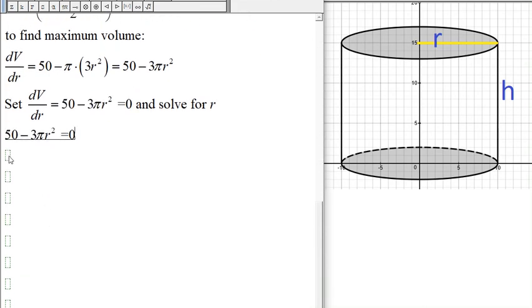Subtract 50 from both sides, and then divide both sides by negative 3 pi.